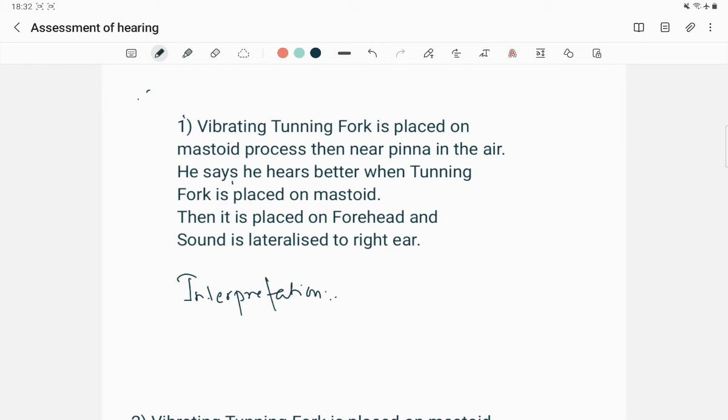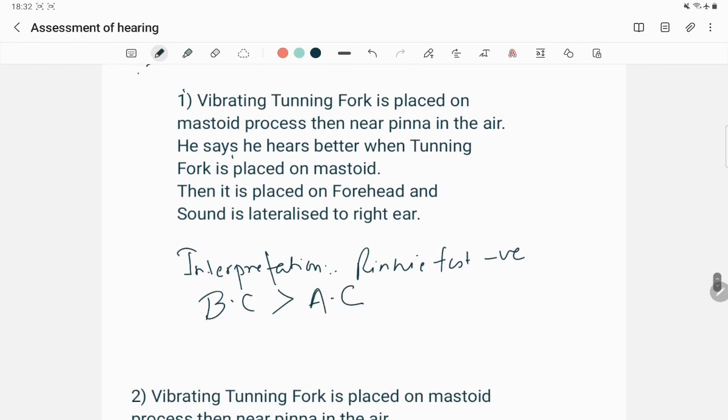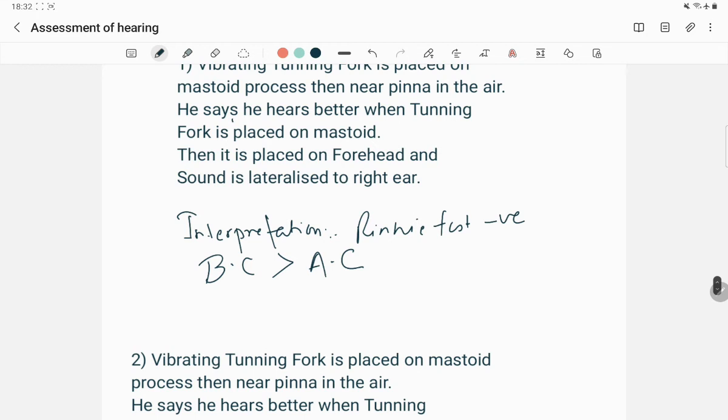So from the first statement, a vibrating tuning fork is placed on the mastoid process, then near the pinna. He says he hears better when the tuning fork is placed on the mastoid. So here the Rinne test is negative. Rinne test negative means his bone conduction is better than air conduction, which is not normal. Now it is placed on the forehead and sound is lateralized to the right ear.